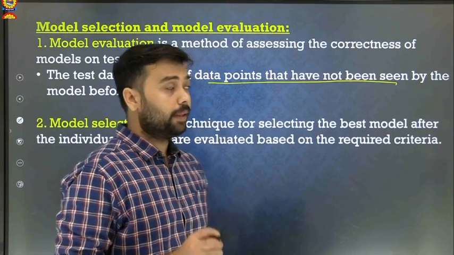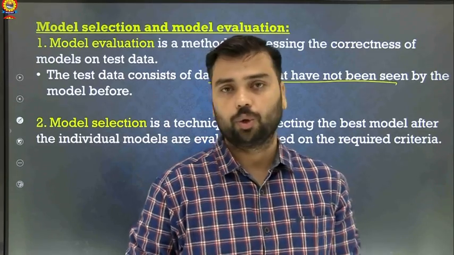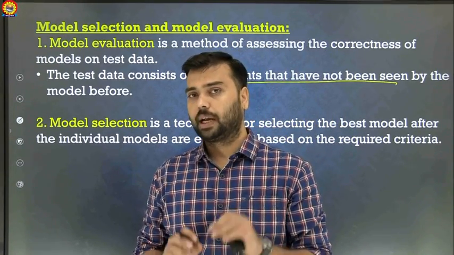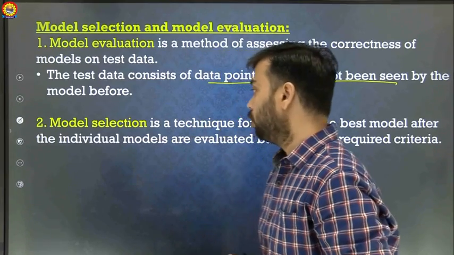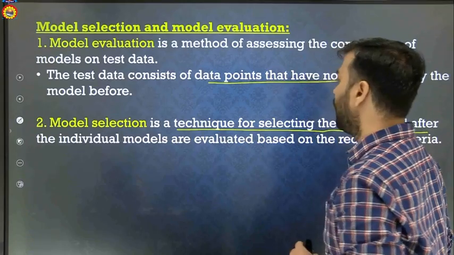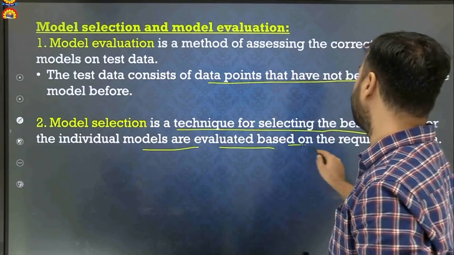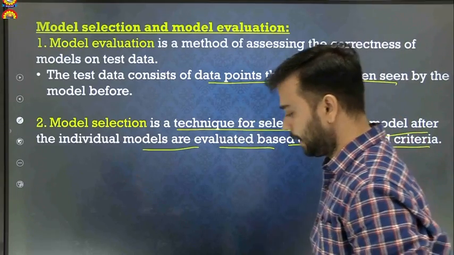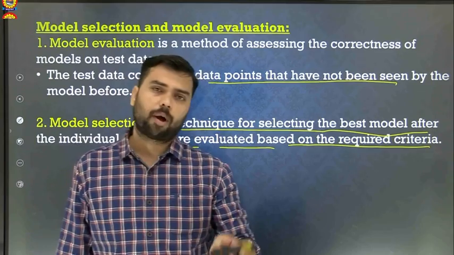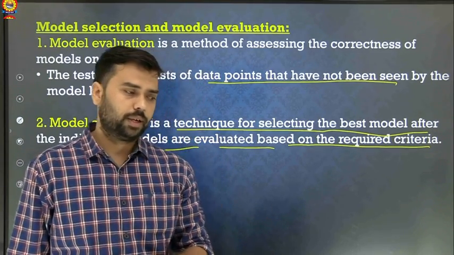Then the next thing is how we can select the model. We also need to evaluate the model, but before evaluation, we need to select the model. So how can we select the model? It is the technique for selecting the best model after the individual models are evaluated based on the required criteria. Suppose for a particular problem, we evaluate on one or three different parameters.